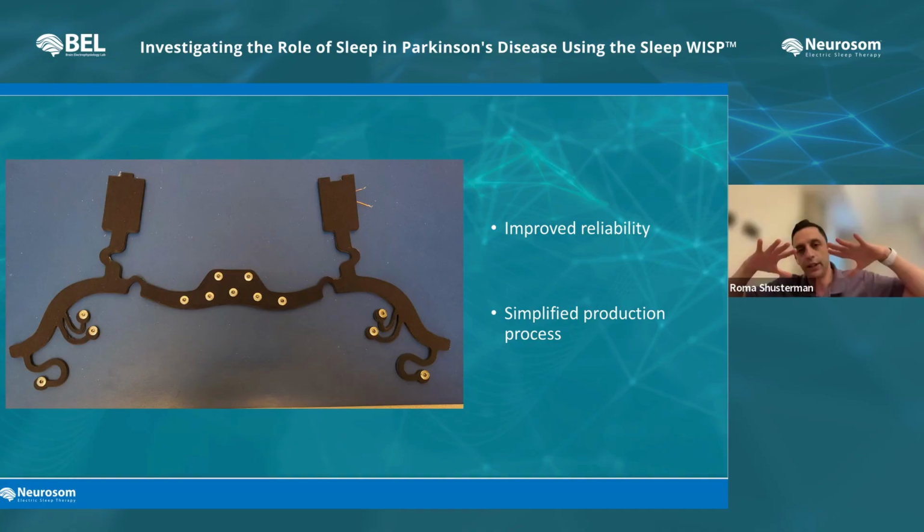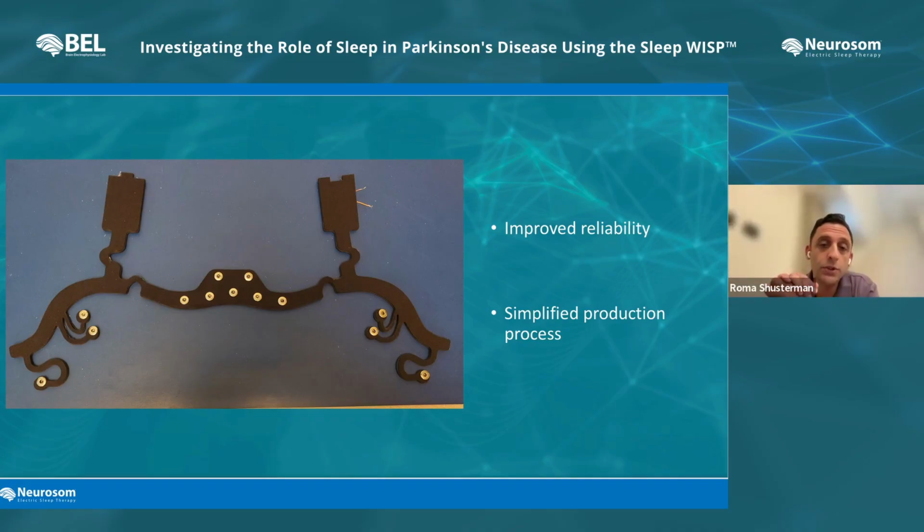And what we're doing is positioning a layer of neoprene, a layer of flexible printed circuit, and then a layer of neoprene. We heat stake them together, and then we attach these snap connectors. So all this together reduces manufacturing time of the headband by a factor of like 80%.